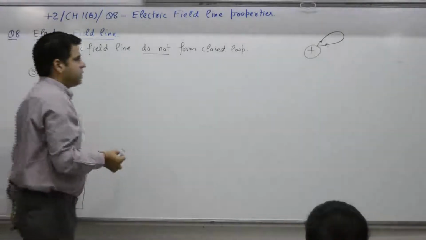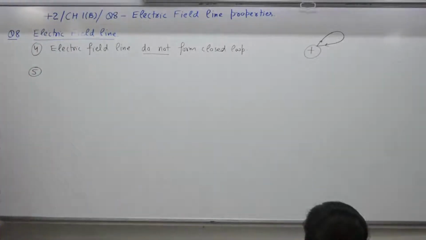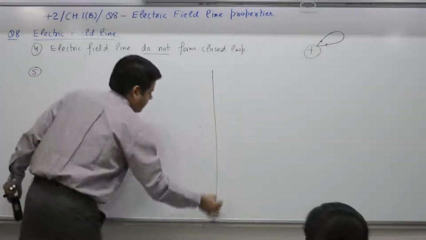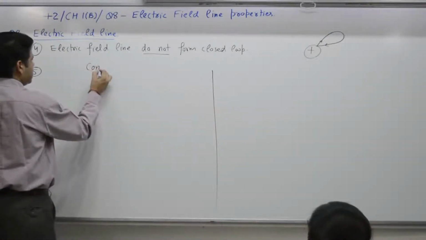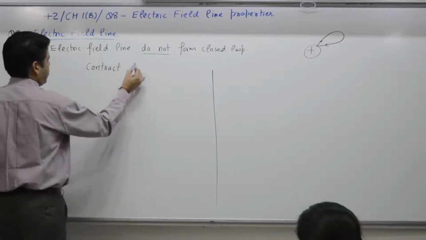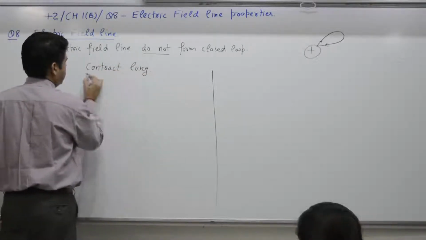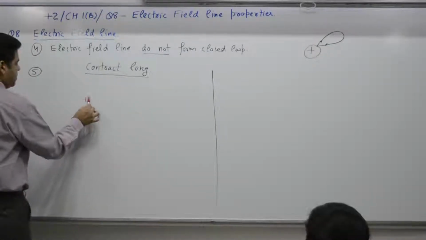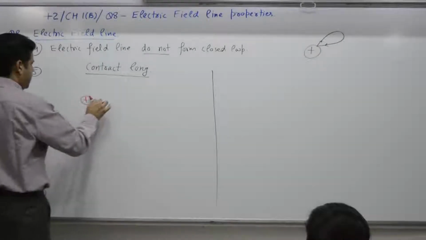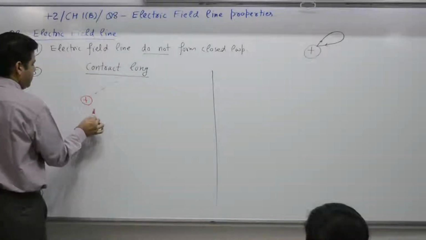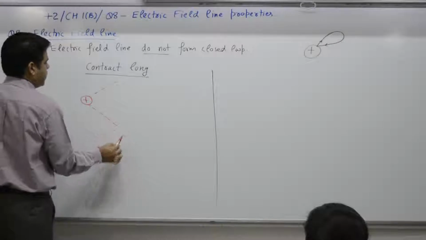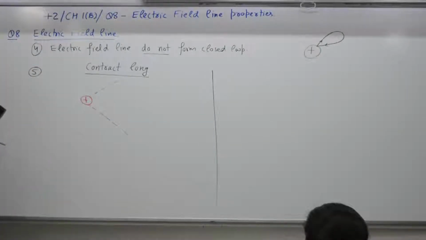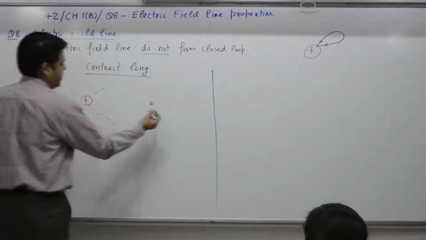Now you have the comparison. Lines contract longitudinally. What does this mean? You have a positive charge. Field lines move out from positive and end up at negative.